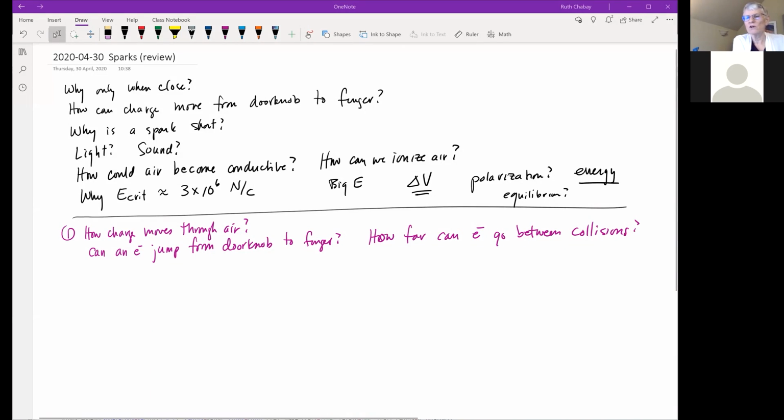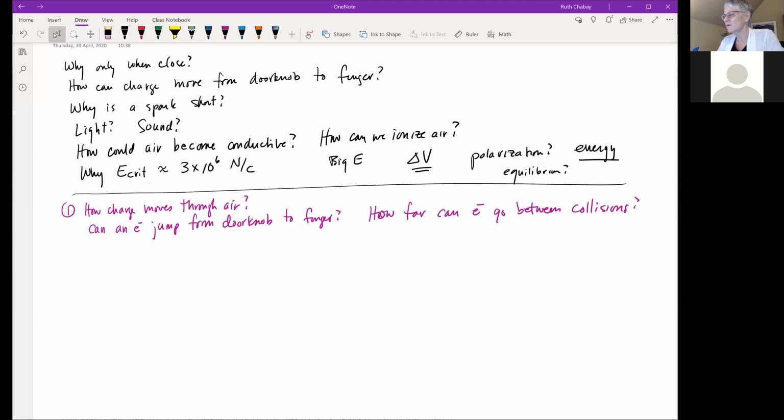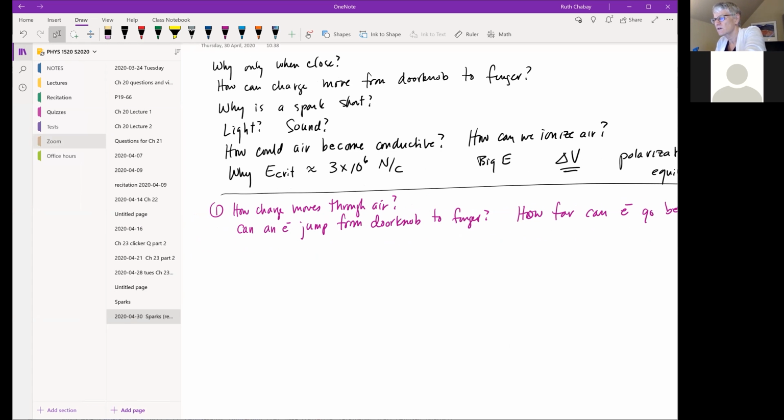And so what we want to do is try to estimate the mean free path. Now, let's think about what the mean free path ought to depend on. There are various things it could depend on.